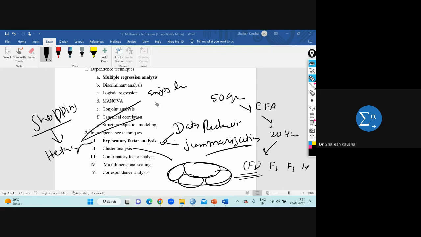Some people want to buy only discounted products, so we can give the name economy buyers. Some people don't enjoy eating food, watching movies or buying products. They buy daily need products, so we can say passive buyers. So the purpose of the interdependence technique is to create clusters or segments.